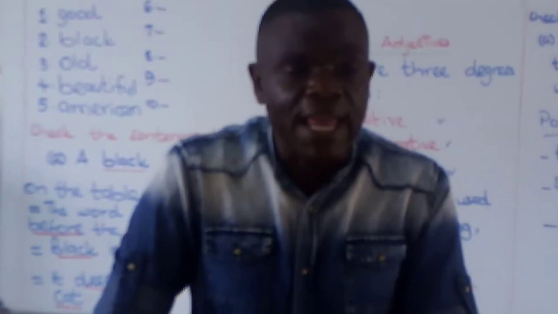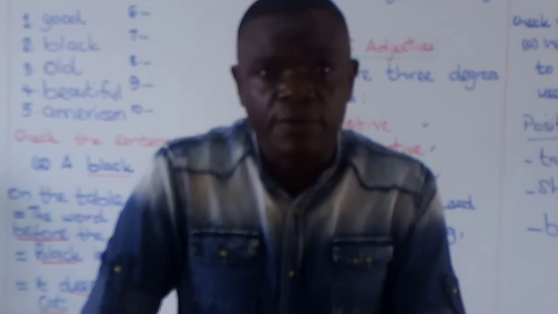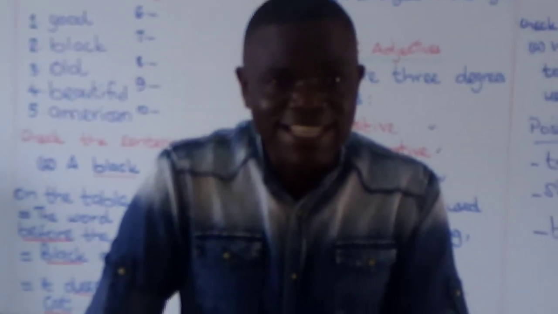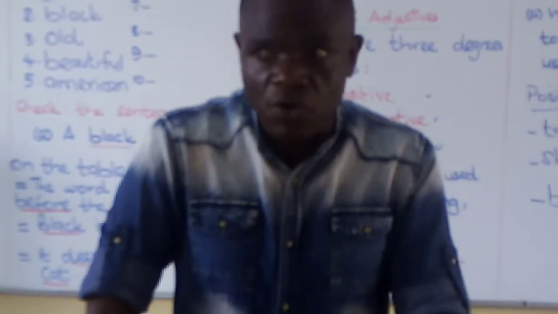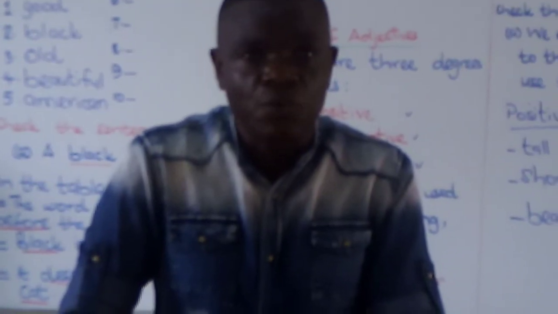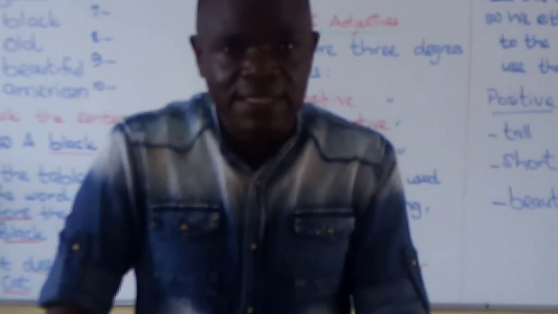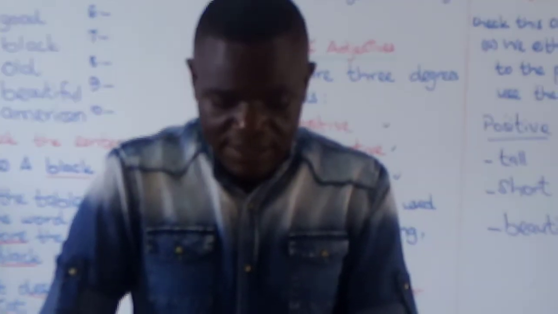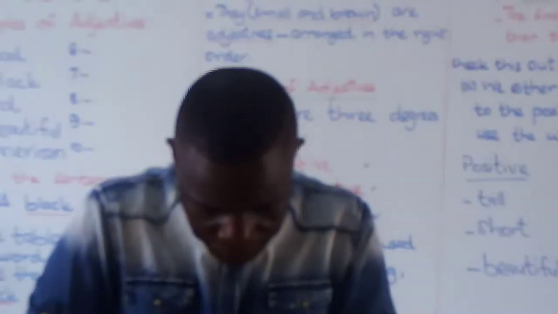Remember words that end with a consonant, we double the consonant before we add er or est. Fat ends with a consonant t, and so we double it. Fatter, t, er. And then fattest, t, est.